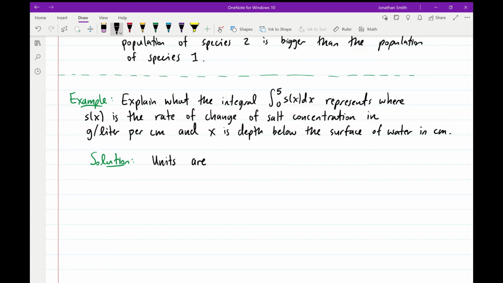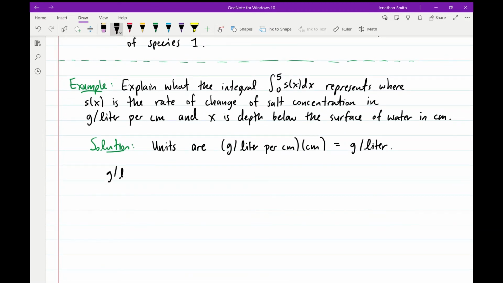So the units of s of x are grams per liter per centimeter, and the units of x are just centimeter. So the per centimeter and the centimeter are going to cancel with one another, and we get grams per liter, which is just the unit of the salt concentration.